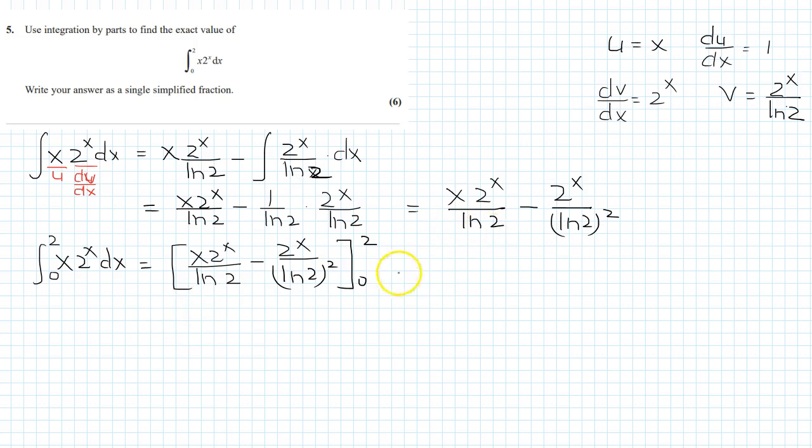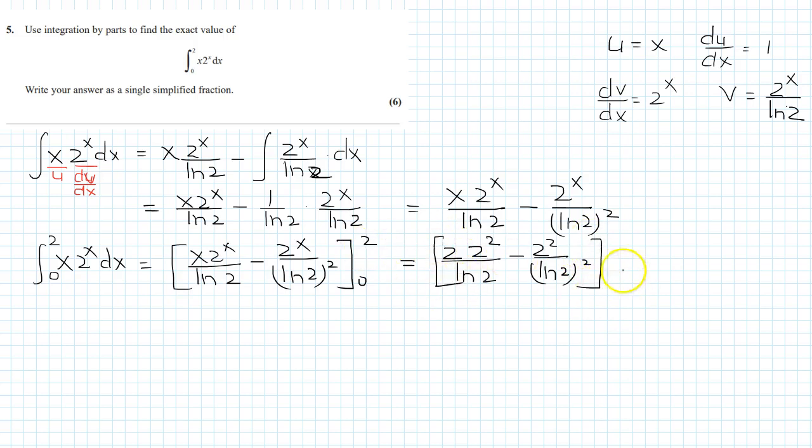It means 2 multiply 2 to the power 2 over ln 2 minus 2 to the power 2 over ln 2 square.